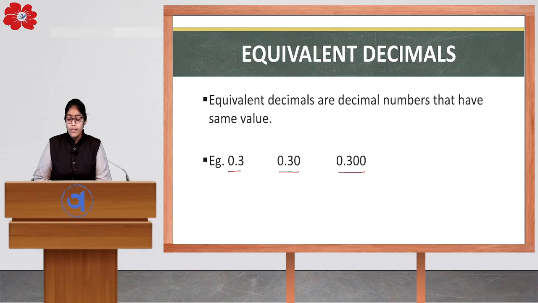So these numbers are equal because when we add 0 at the extreme right, it has no value. So such decimals that have the same value are called equivalent decimals. So these 3 decimals are equivalent decimals.